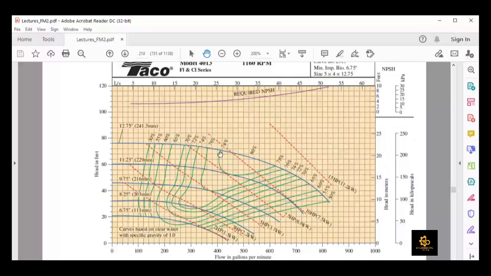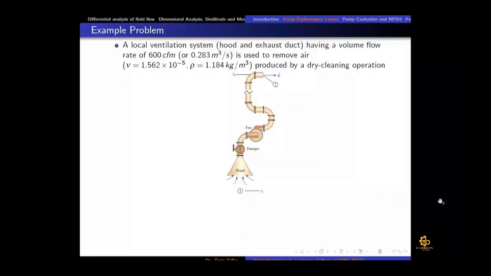Okay, now there is another thing. We will talk about this NPSH in a minute. Maybe before we do that, there is a problem which we can discuss now. A local ventilation system with an exhaust duct having a volume flow rate of 600 cubic feet per minute, or in the SI system 0.283 meters cubed per second, is used to remove air whose viscosity and density are given, produced by a dry cleaning operation.